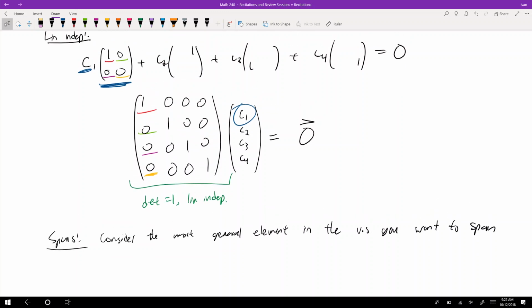What's the space we want to span? V, which was, what was V in this problem? M2R, exactly. So we want to consider the most general 2 by 2 matrix. What does that look like? A, B, C, D.